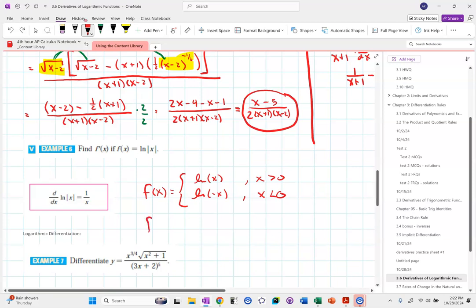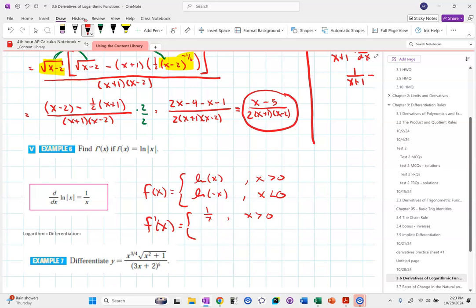So if I do the derivative then, what do I get for the derivative of the natural log of x? 1 over x, right? What do I get when I do the derivative of the natural log of negative x? 1 over negative x times the derivative of negative x.